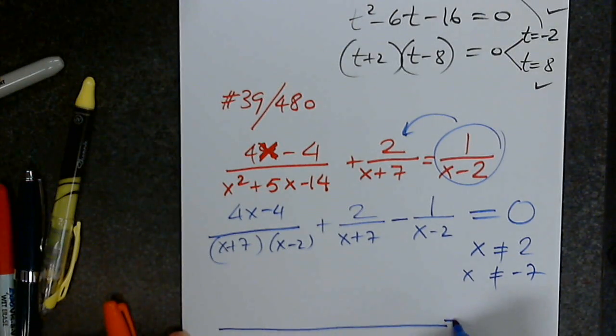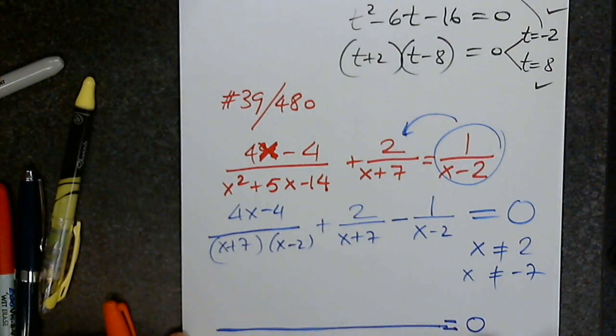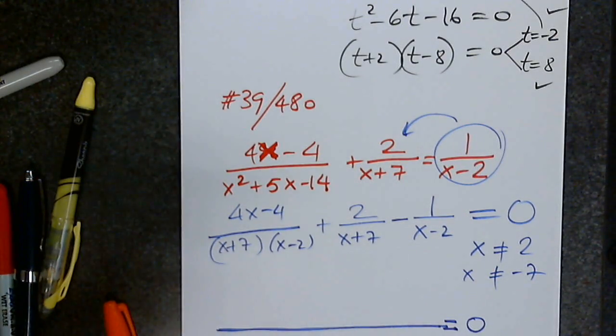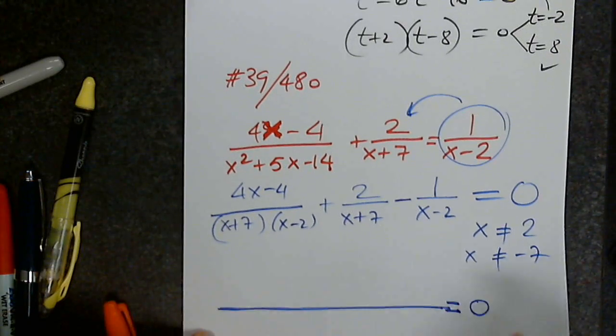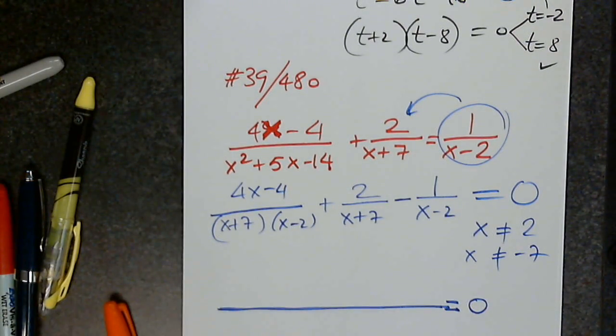So therefore, now look what I did. I drew a long fraction line, then the equal symbol, and then 0, because if I forget this side with 0, I will never solve for anything. I will change it into an expression, and I will never get x. So equal symbol and 0. Now please give me the least common denominator.